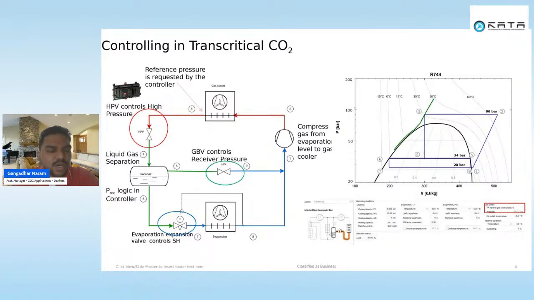At 34 bar in the receiver, there is liquid and some vapor, because the fourth point is operating in the liquid plus vapor zone. The liquid forming in the receiver we send to the electronic expansion valve, and the vapor forming in the receiver we send to the compressor.